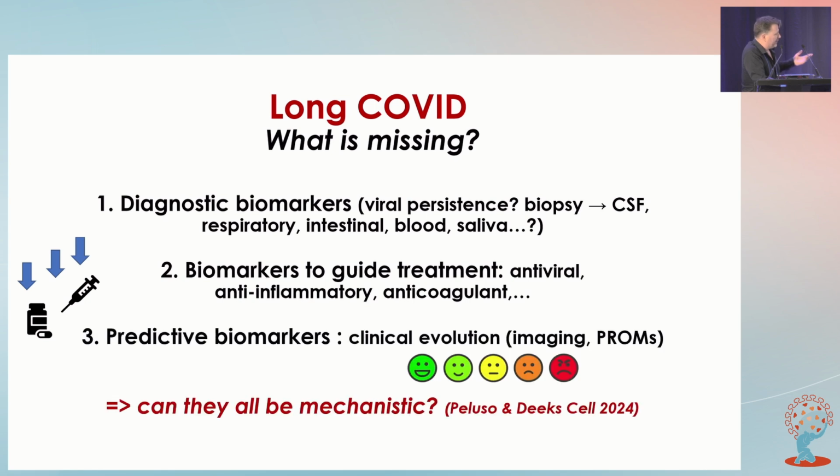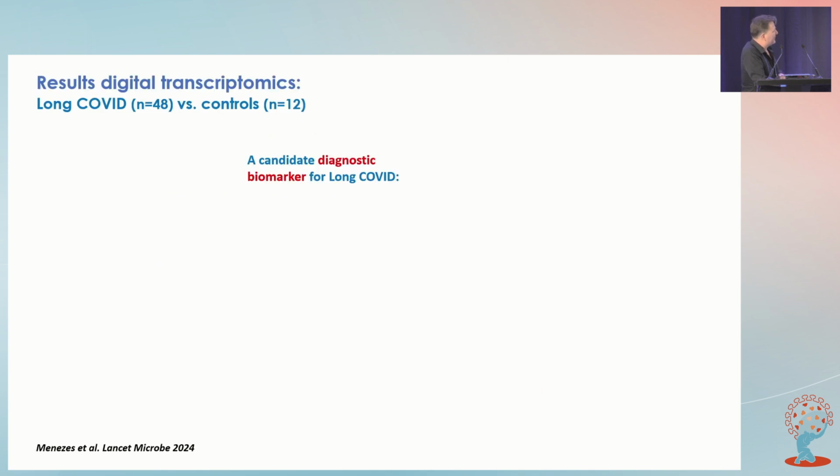And of course, we need these predictive biomarkers that can help us predict clinical evolution. So if you take a sample before treatment, we would know whether there's going to be a responder or not. And then, again, inspired by Mike, I believe that all of these can be, at least in part, mechanistic, and I hope to try to convince you in the last minute or so of this presentation.